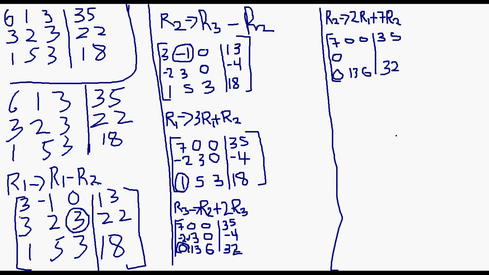And then 2 times 0 is 0. 7 times 3 is 21. 2 times 0 is 0, plus 7 times 0 is 0. 2 times 35, 70, plus 7 times 4, 28. So 70 minus 28, 42.